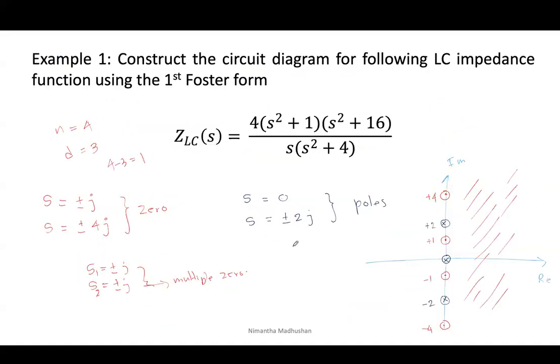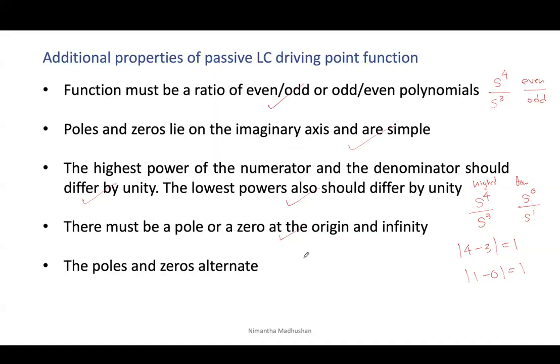That means on this imaginary axis, start with the origin, start with the pole, then zero, pole, zero. That is the alternate option: pole, zero, pole, again zero. You can see poles and zeros alternate. Then all conditions are satisfied.